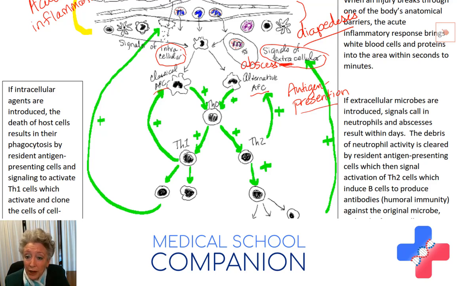Because in the latter case, if it is an alien internal invader, I have got to be able to recognize the difference between a normal cell of my body and a cell that has that alien hiding inside.